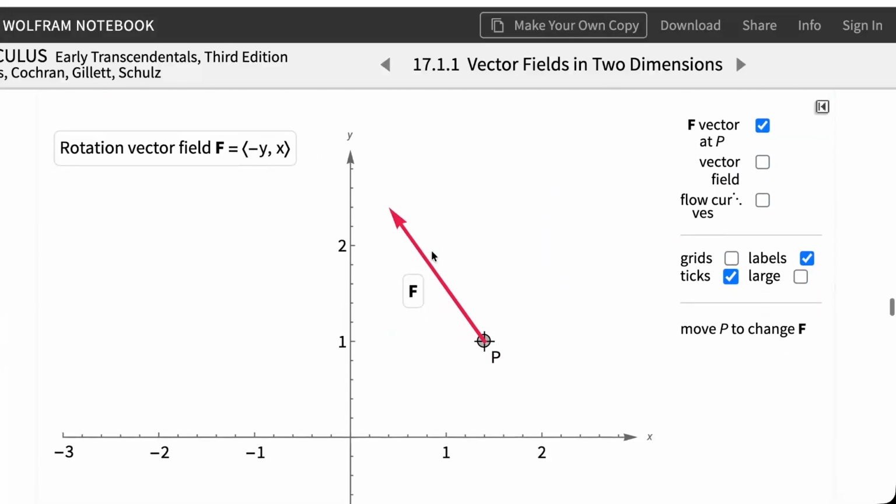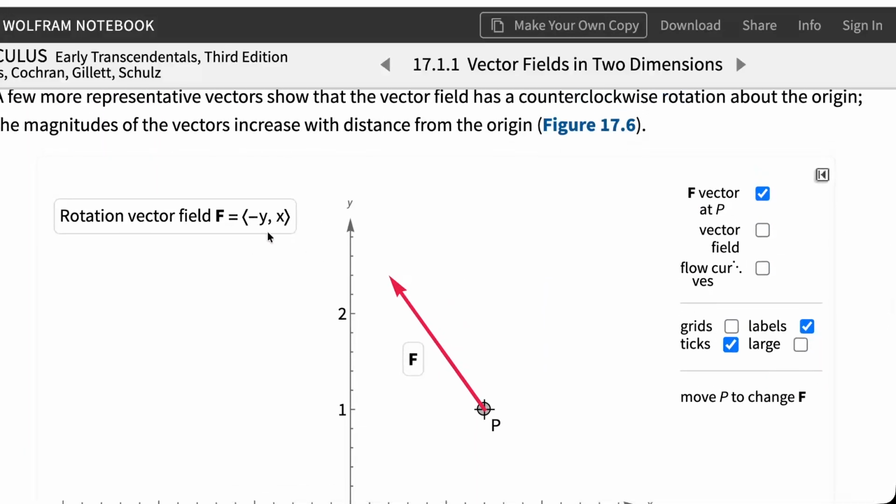And the last one we're looking at is called a rotation field. I just want you to notice what has happened between the x and y inputs and the x and y outputs. The x coordinate of the output is the y coordinate of the input with a minus sign on it, and the y coordinate of the output is the x coordinate of the input, so it's switched the roles and made one of them minus.